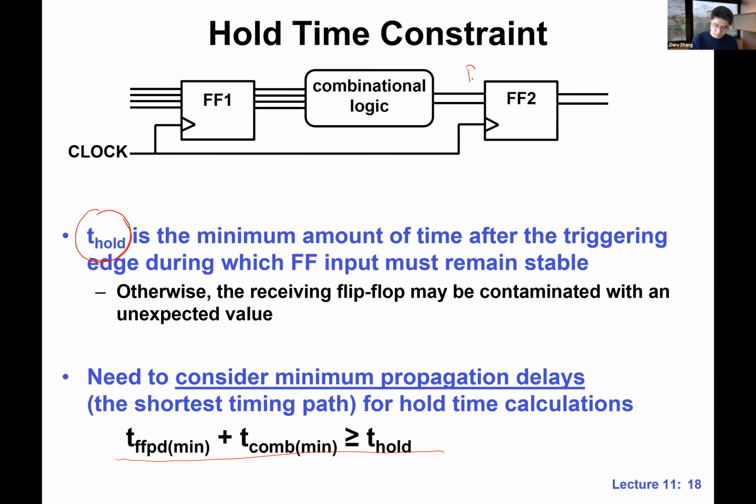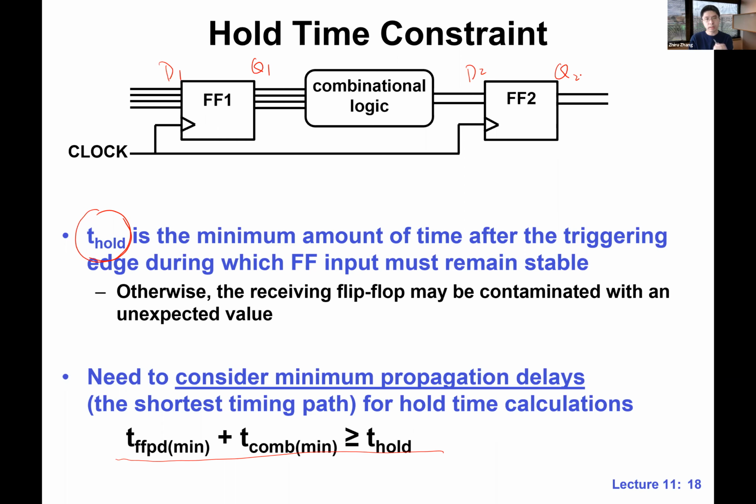To rephrase my question, again we have these signals. I'm calling the bundle of the signals D2, the inputs to flip-flop 2. So really the question is, when does D2 change?